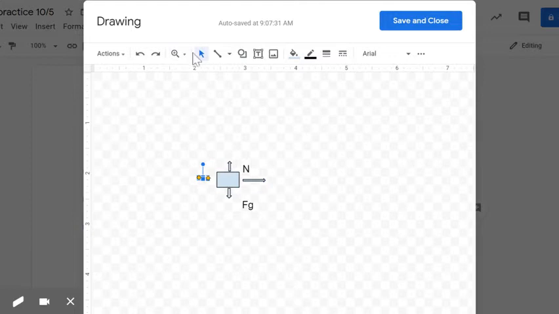Now I'm not 100% sure right now that my friction is smaller than my force applied, but we haven't done a problem in which it's not. So I think I'm fairly comfortable saying that it's probably going to be smaller. I drew that one really small.